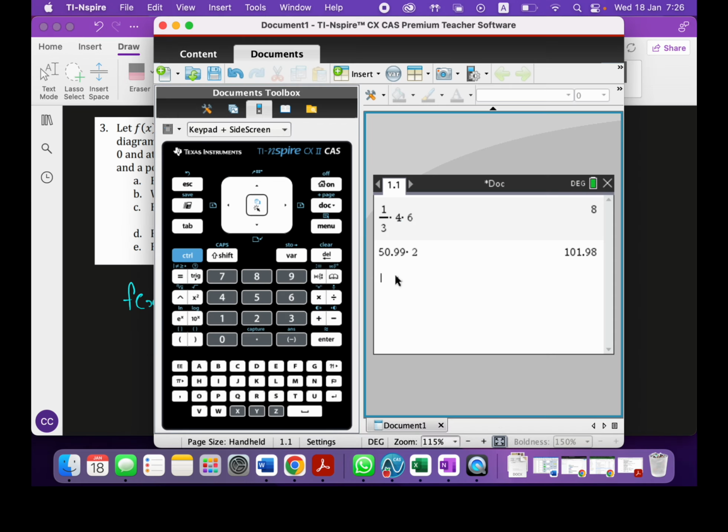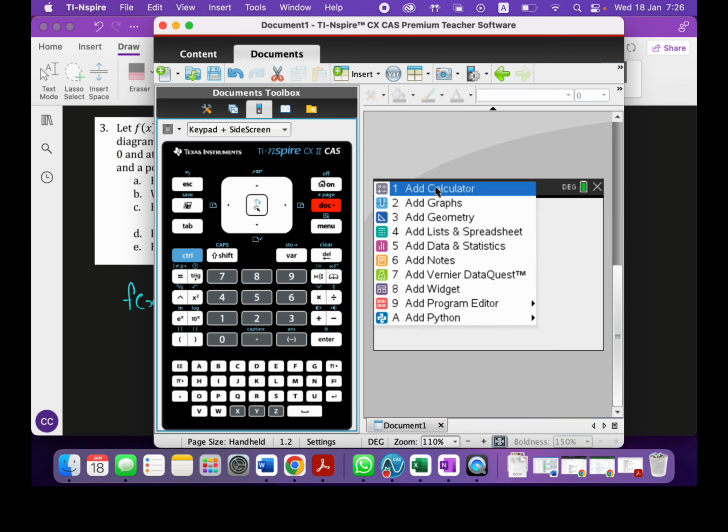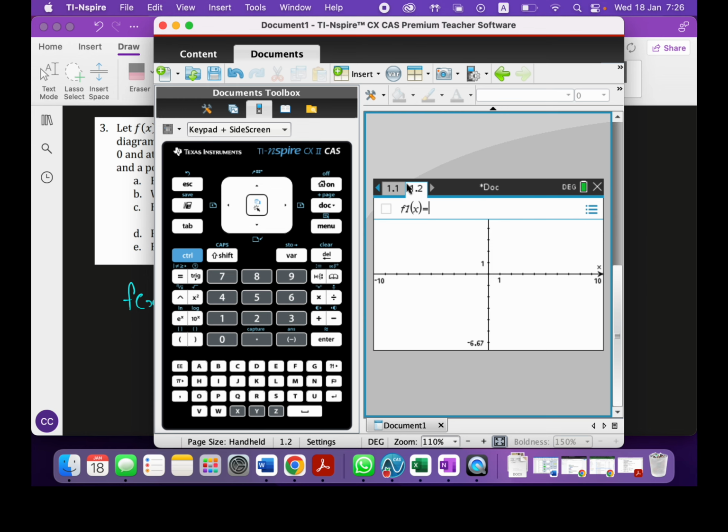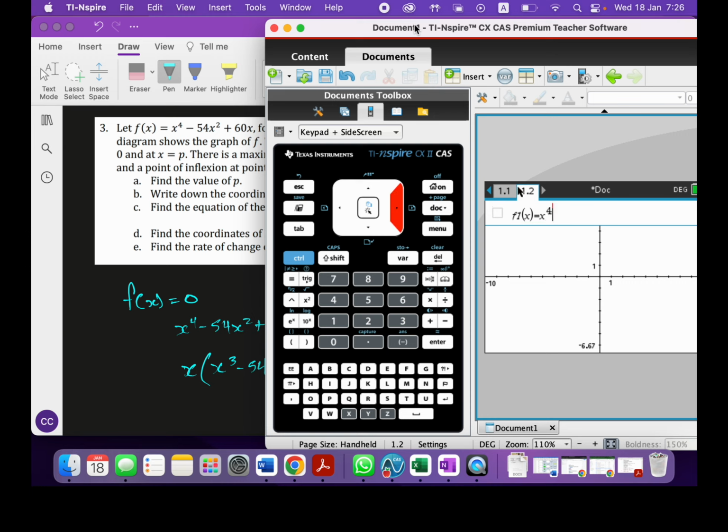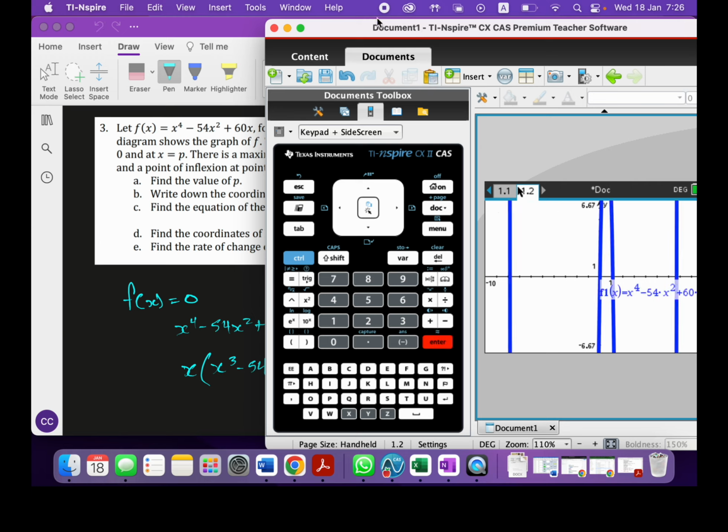So I'll pull up my calculator, add a graph page, and write my original equation. I know I did all that work analytically, but I'm telling you to skip all that because there's really no reason to when we have a calculator. x to the fourth minus 54x squared plus 60x.